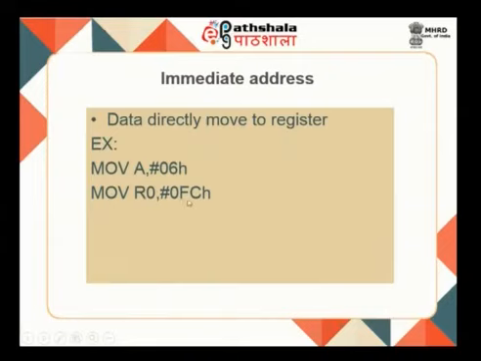So, #FC is a hexadecimal number which will be moved towards R0. The hash tells you immediate addressing, FC is the hexadecimal number, and H tells you that it is hexadecimal. The data moves directly to the register, which happens with immediate addressing. The data is immediately available in the instruction itself, which is immediate addressing.